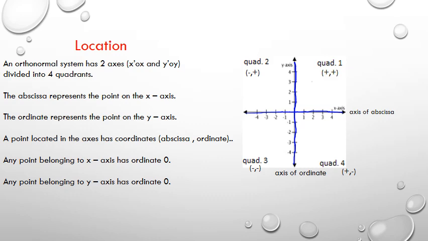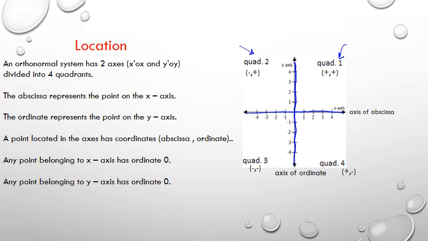If we look at this system of axes, it divides a plane into 4 quadrants. This is quadrant 1. In quadrant 1, any point belonging to quadrant 1 will have a positive abscissa, where it belongs to the x-axis, and a positive ordinate, where it belongs to the y-axis.